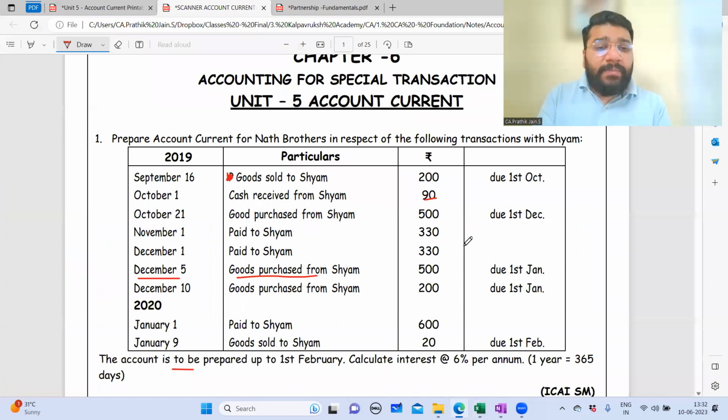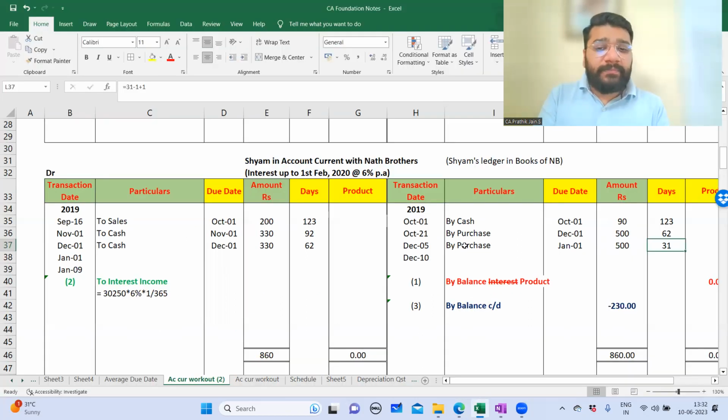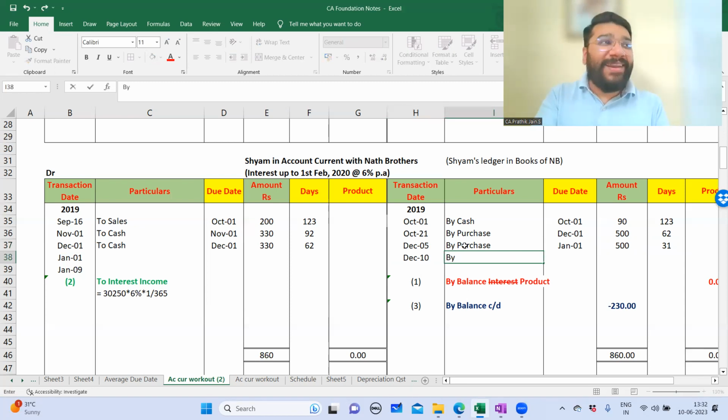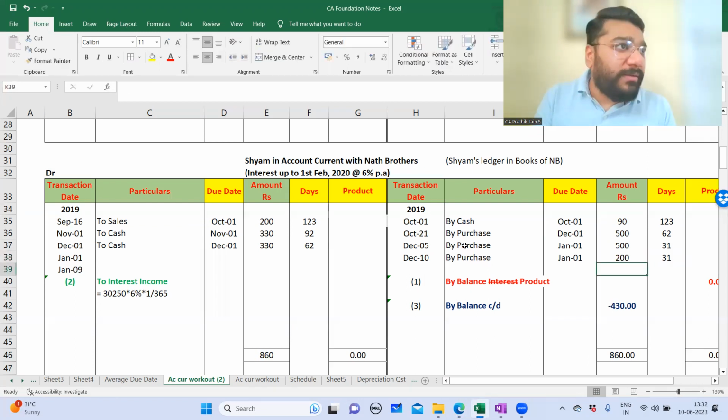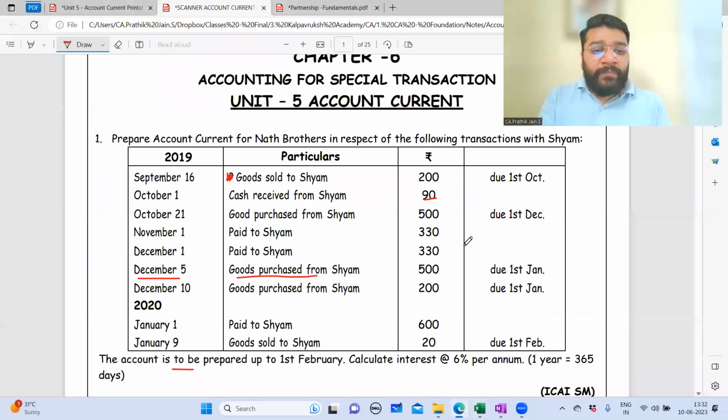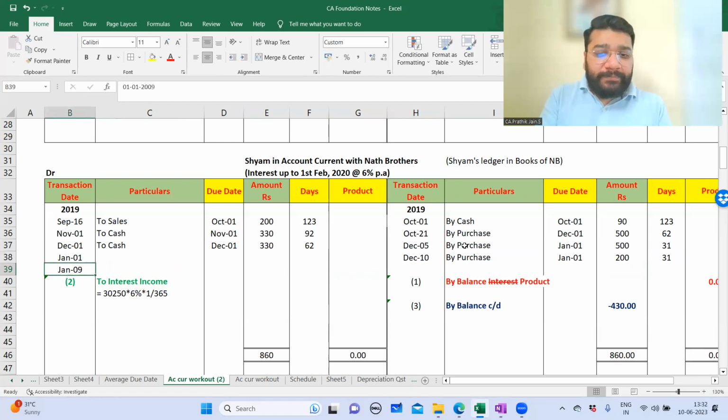Next, December 10, goods purchased from Sham. By purchase. Due date, Jan 1. Amount 200. 31 days, same 31 days, because we just calculated it for the previous transaction. Now, Jan 1, paid to Sham. Please write 2020 properly.